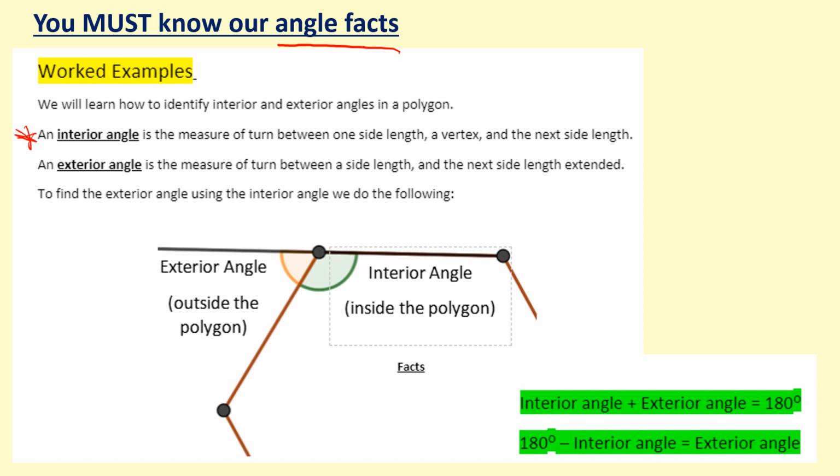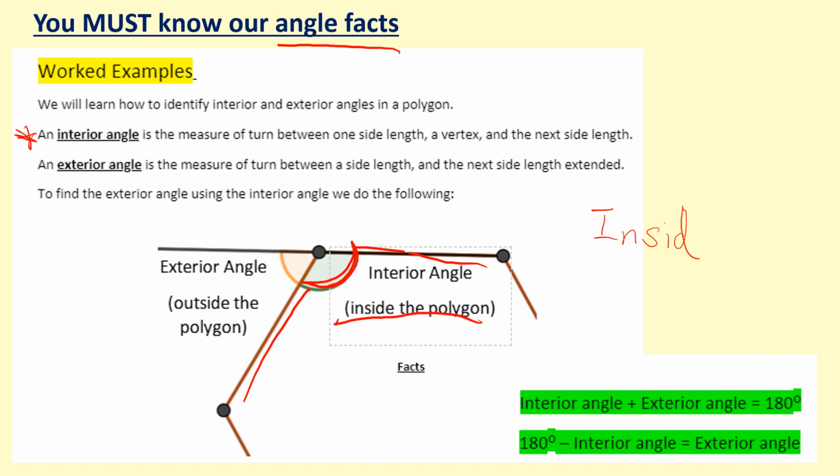So in other words, this angle, now that I've made it red, as you can see, it's on the inside of this polygon. And it says there in the brackets, it's on the inside. So one way to think: interior angles are on the inside. So interior, in for inside, okay?